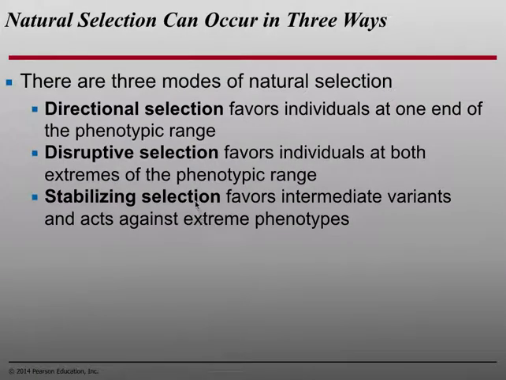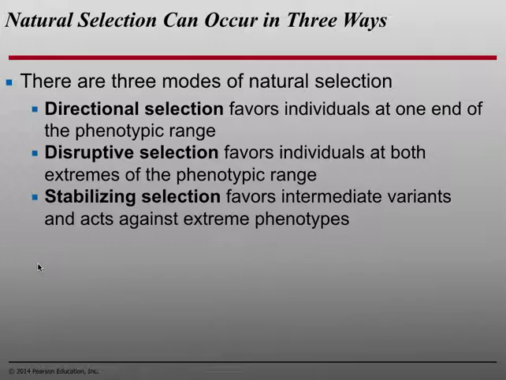Okay, there are three ways that this can happen. There's directional selection, which is going to move the entire population one way, making them better overall. There's disruptive selection, which favors individuals at the extremes of the phenotype. So if you have several different colors of skin, disruptive selection favors the really fair people and the really dark people.